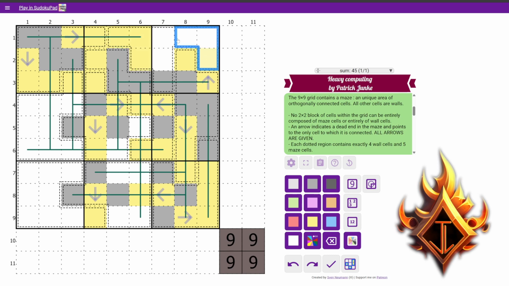Since all of these are of the same region, it has to just go straight across. If that one was yellow, then the rest of these would have to be wall, and it would be trapped. Same for that one. And if this was yellow, then we still wouldn't be connecting. We have to connect orthogonally, we cannot connect diagonally.